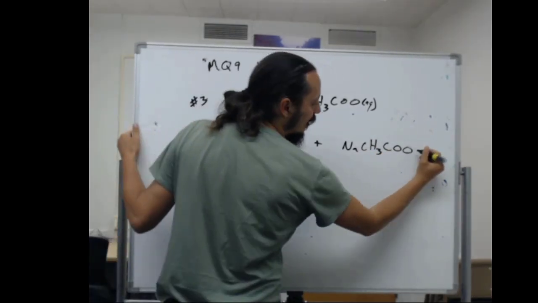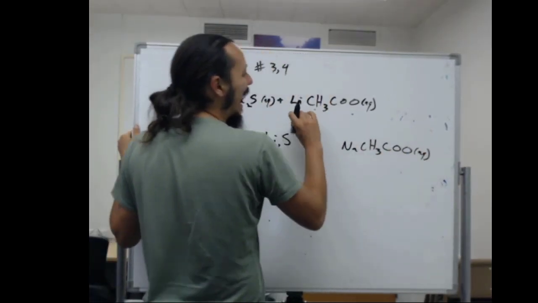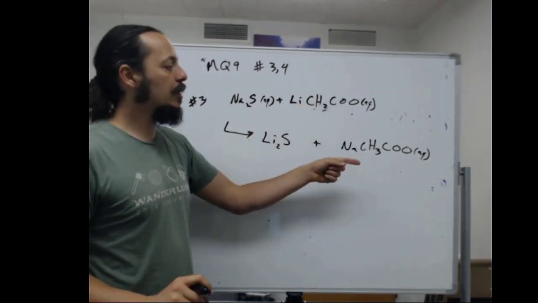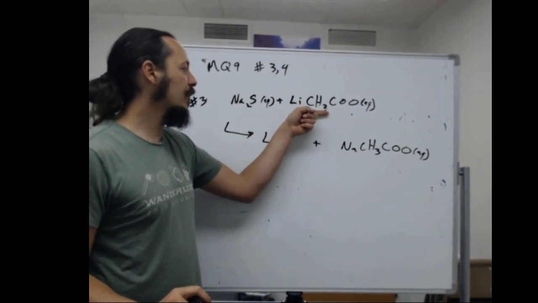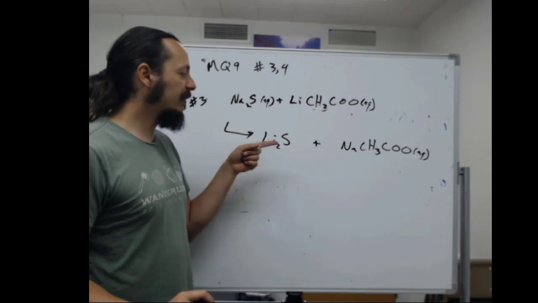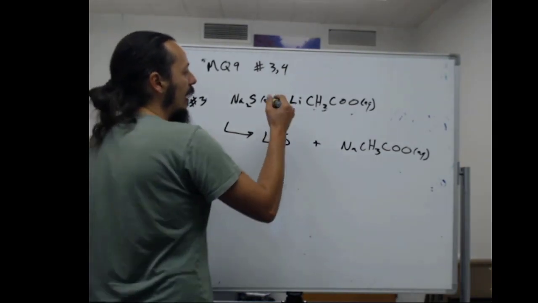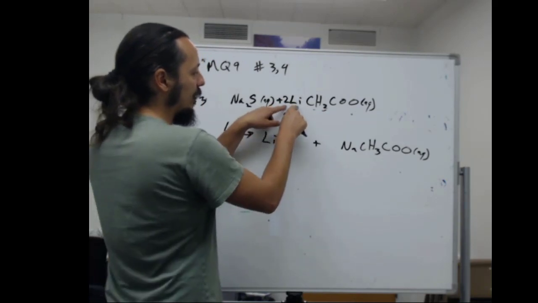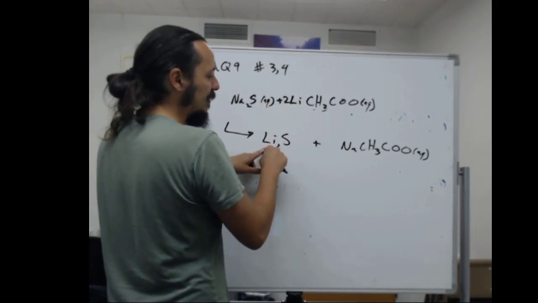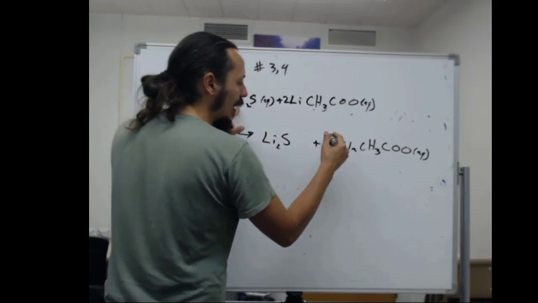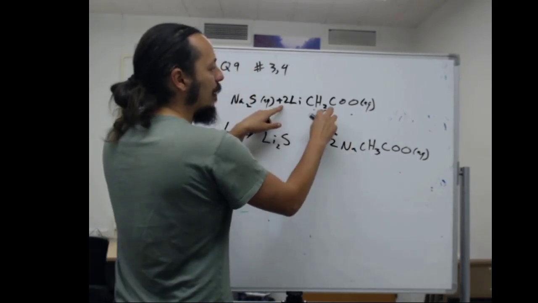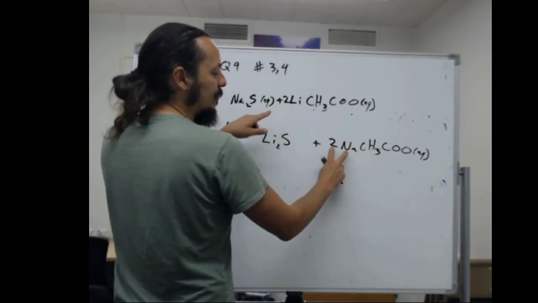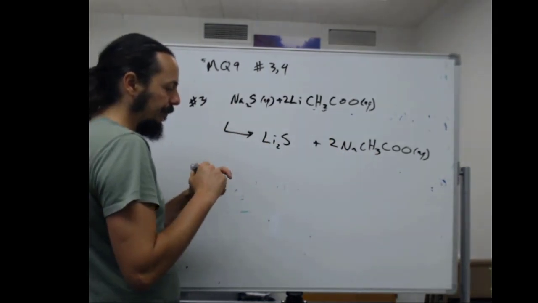Sodium compounds, I already know that's aqueous. Acetate, I know is a -1 charge, so this is charge balanced, this is charge balanced, and with 2 lithiums there, that's charge balanced. Balancing the chemical equation, I'll put a 2 in front there. That gives me 2 lithiums, and I'll also need a 2 here. So I've got my 2 acetates, my 2 acetates, my 2 sodiums, my 2 sodiums.